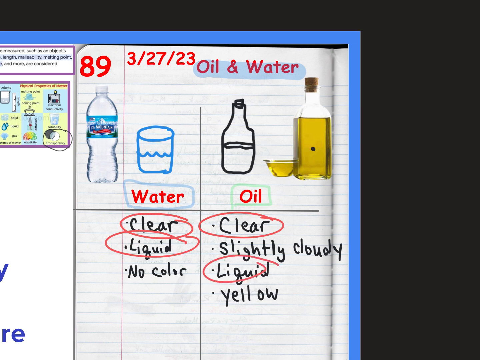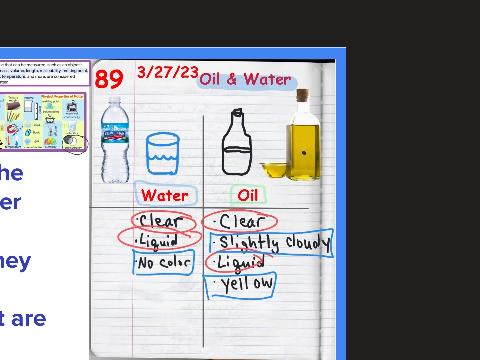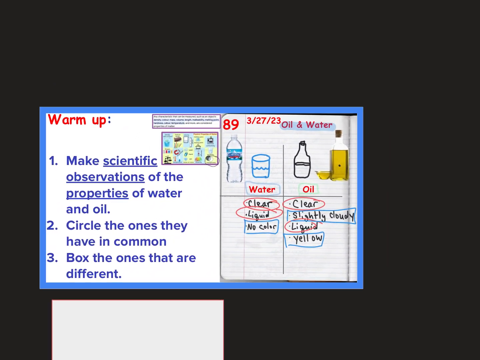And box ones that they did not have in common. No color, yellow, slightly cloudy. Fantastic. All right.